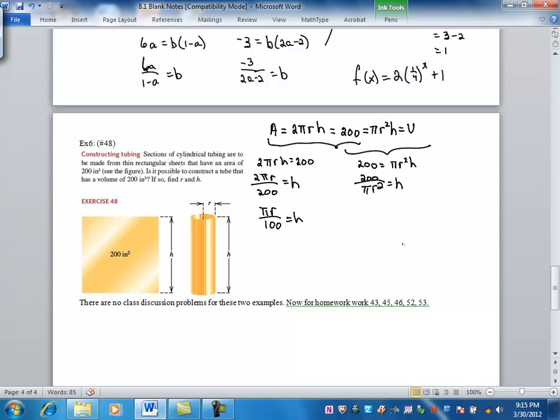Alright, so we get the opportunity now to set our H's equal to each other. Alright, so let me clean this up just a bit here. Pi r over 100 equals 200 over pi r squared.